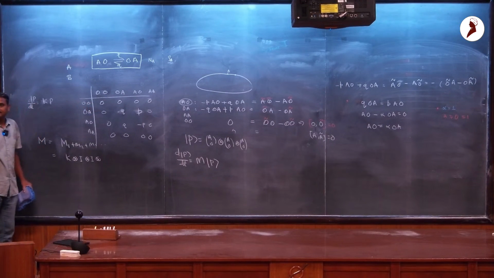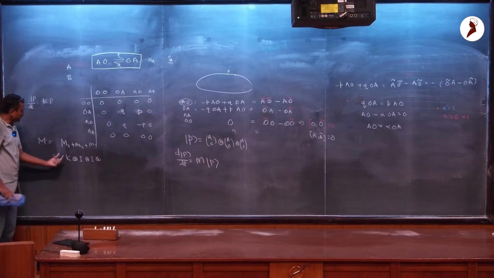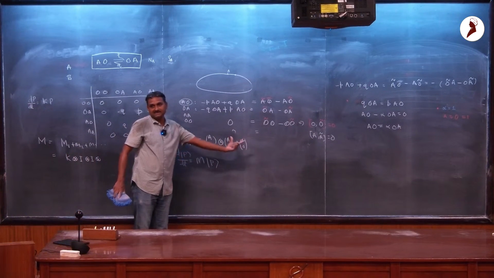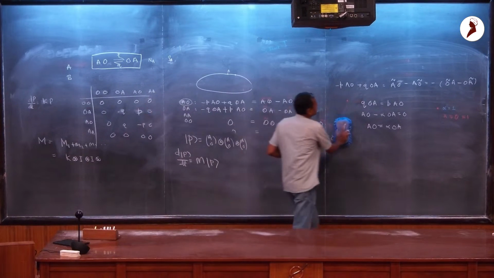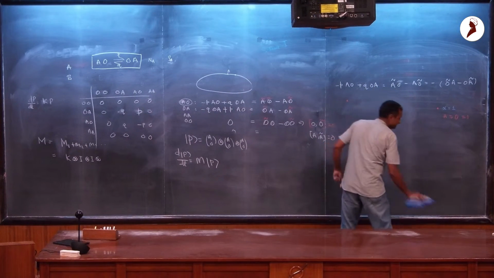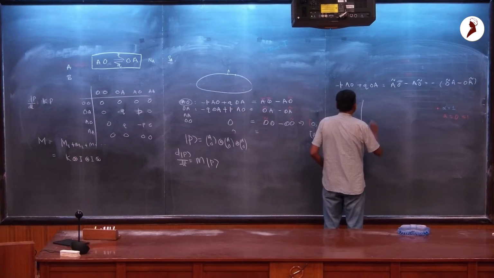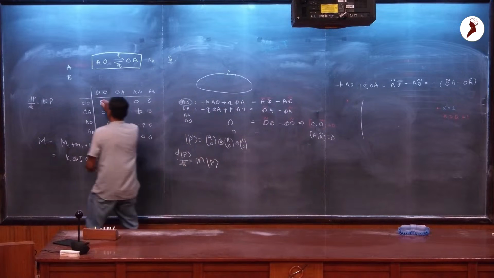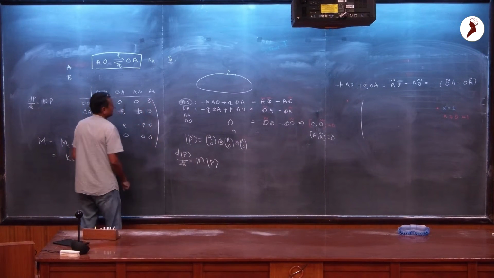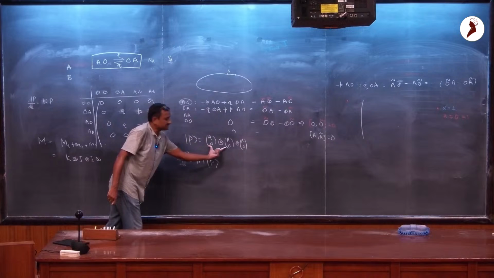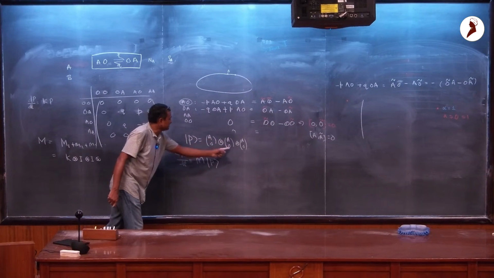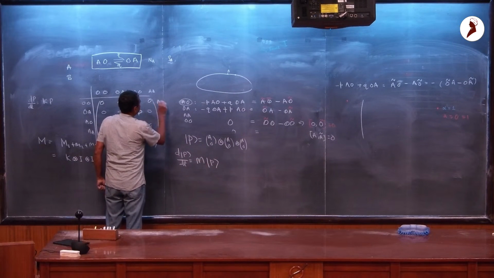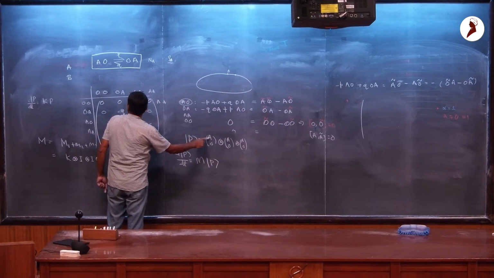Is it clear? Now the condition will be K operating on the first two sites. Let us write this here so that it is much clearer. I write this matrix times the first two sites as a direct product, which is 0A, A0, AA.